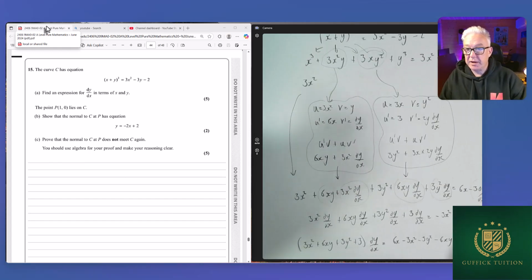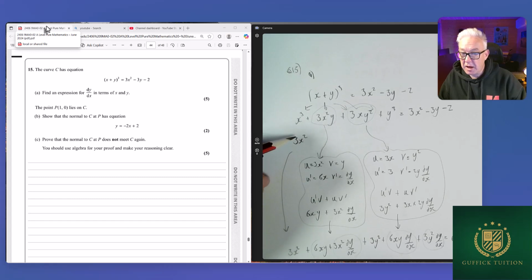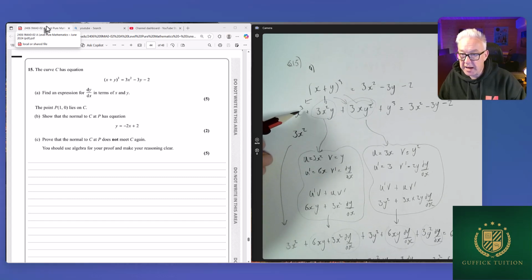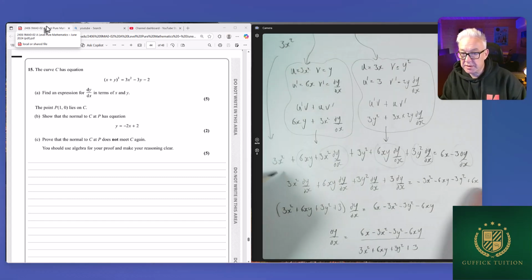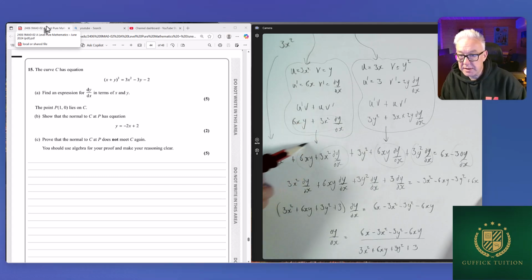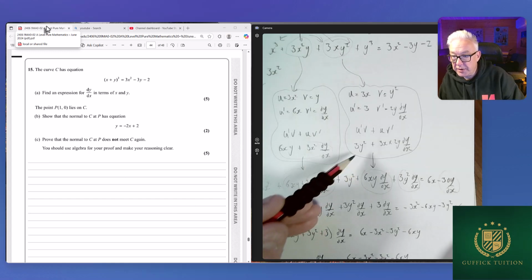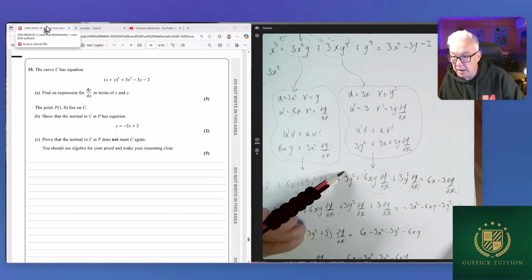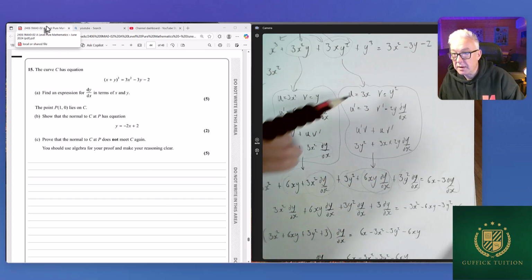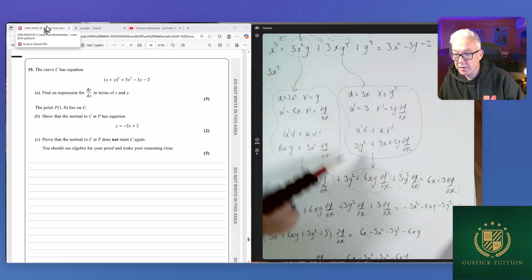So when we differentiated x cubed, it became 3x squared, so that's at the start. This here is the derivative of that bit. These terms here, those two, are the derivative of the 3xy squared.